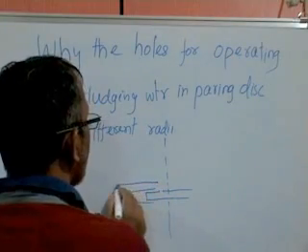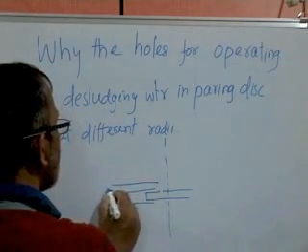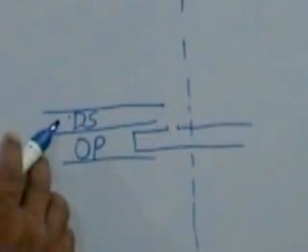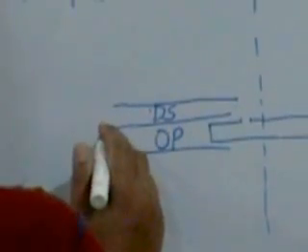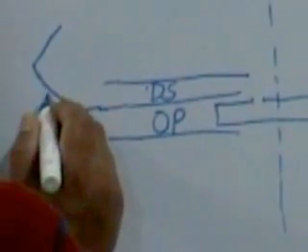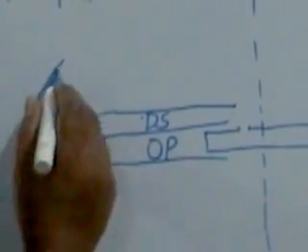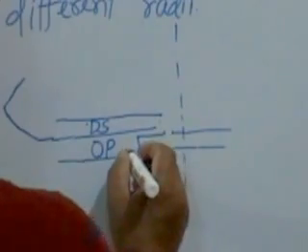Here one more channel is made, so we can name it here desludging water, and here operating water. This is for desludging water and this is for operating water, and it keeps the bowl closed with the hood. So now, this is for the normal water.